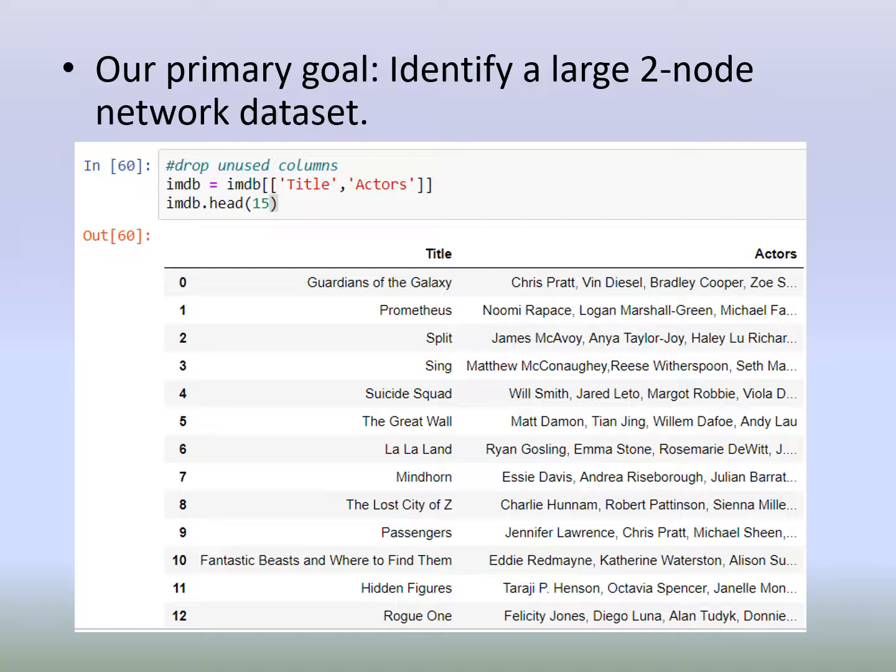Our primary goal is to identify a two-node-type network database. So after we dropped the unused columns, we got only titles and actors. However, one row has many actors, which is difficult for us to manipulate.